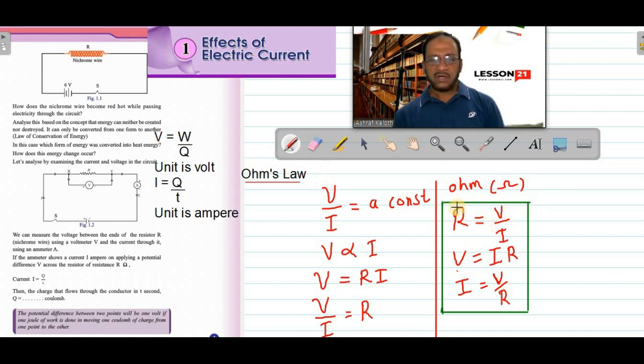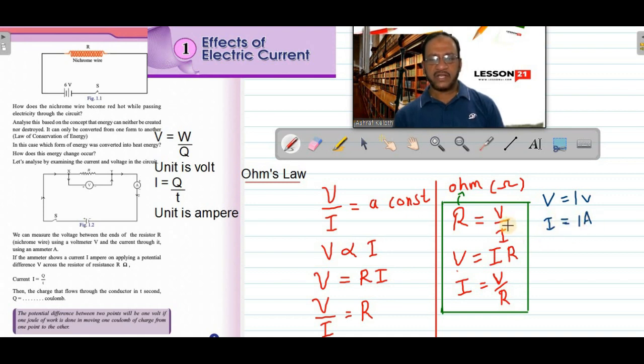Also, from the equation R is equal to V by I, I told you resistance is measured in the unit ohm. Ohm is the unit of resistance. Now we can see what 1 ohm is. To get 1 ohm resistance, suppose you apply 1 volt potential difference across the ends of a conductor, and it gives 1 ampere current.